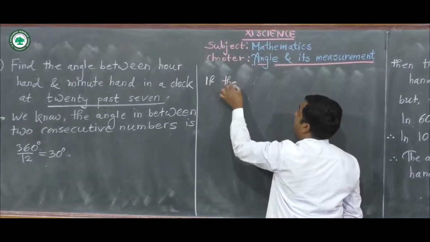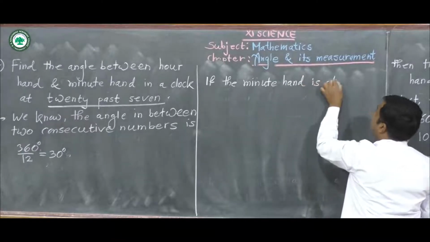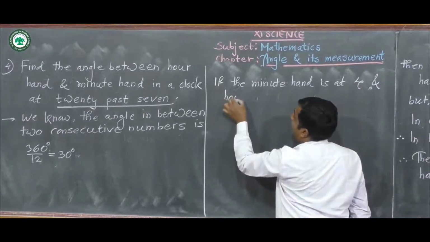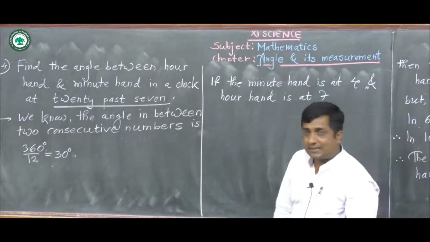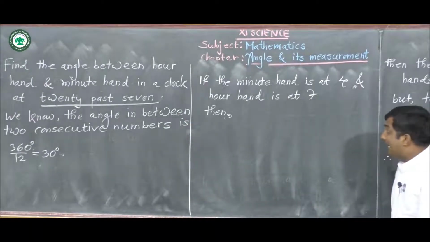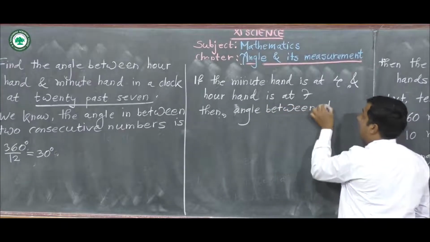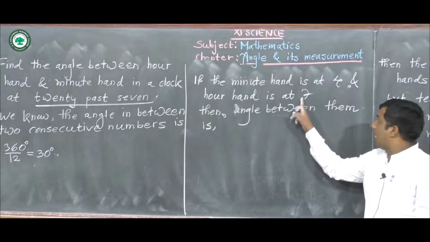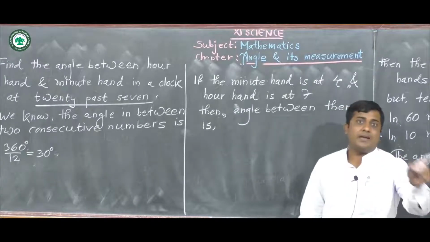If the minute hand is at 4, since 20 minutes is given, and the hour hand is at 7, then the angle between them is, now remember, 4 is given for the minute hand, 7 for the hour hand. So 4 to 5 is the first part, 5 to 6 is the second part, 6 to 7 is the third part.